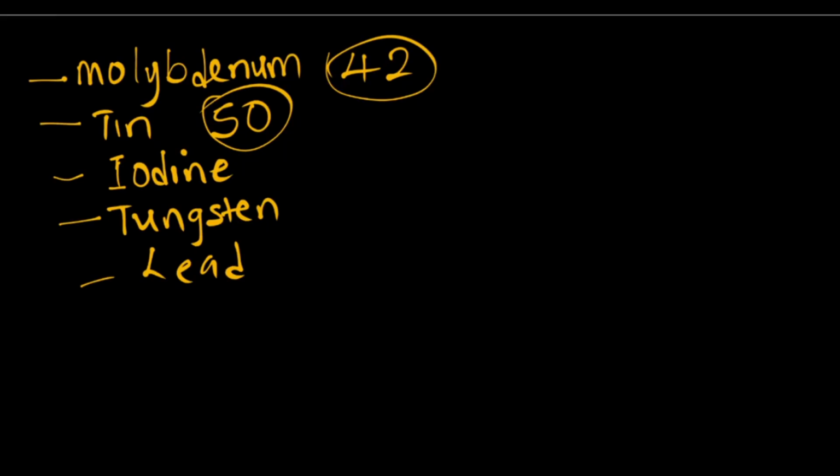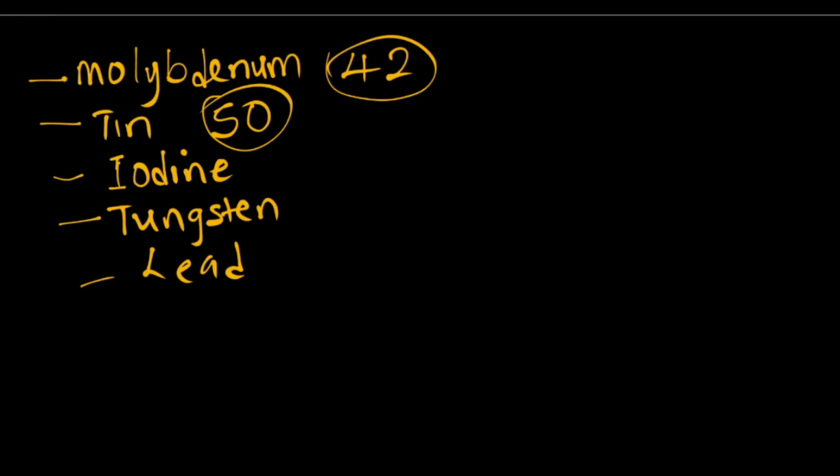They include molybdenum with atomic number 42. Next is tin with atomic number 50. Molybdenum is involved in enzyme catalysis, while tin is not essential for humans. It is important for some marine organisms.